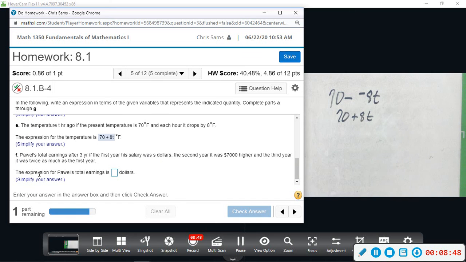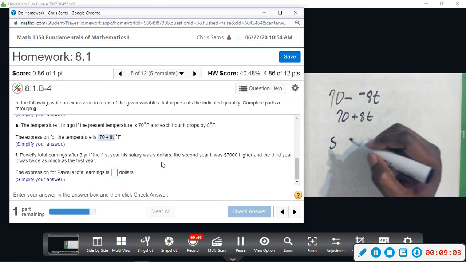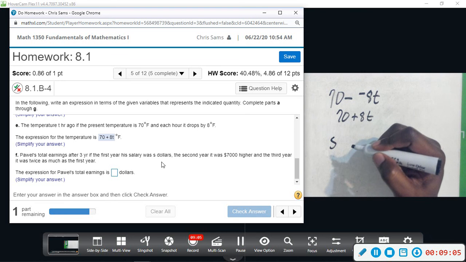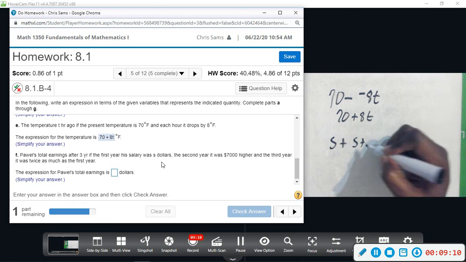Alright, F says Powell's total earnings after 3 years. If the first year of his salary was S dollars, okay, so we have S dollars the first year, we want the total, so we have S. Second year, it was 7,000 higher, so we have the same plus 7,000.